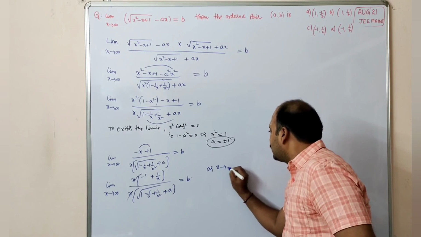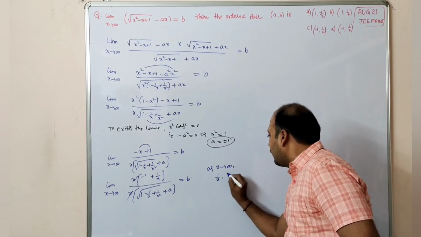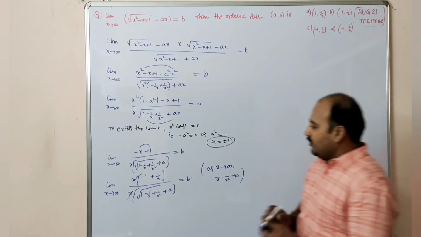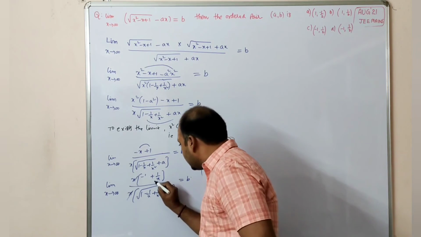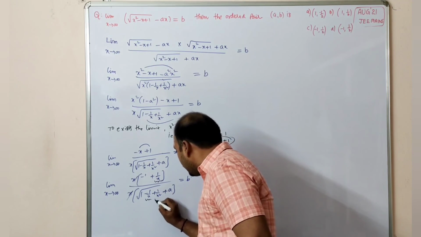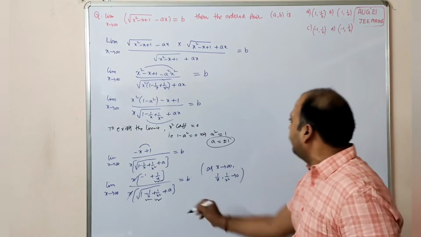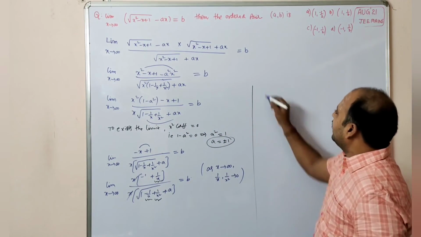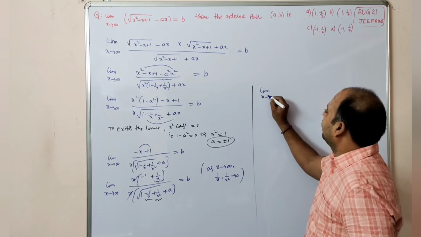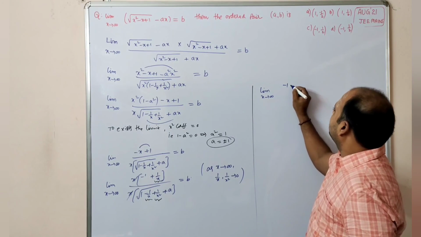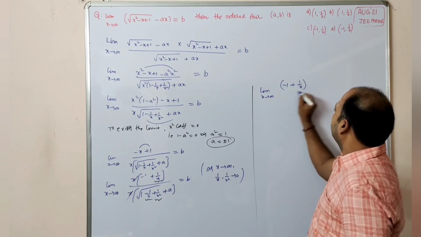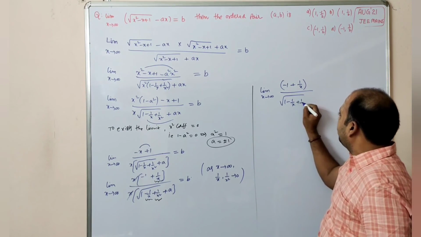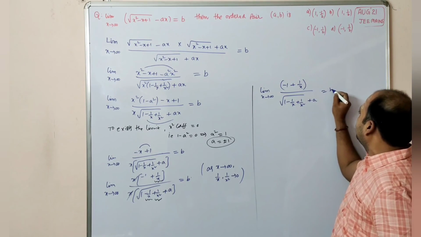As x tends to infinity, the 1 by x and 1 by x square terms go to 0. We know that. This limit becomes limit x tends to infinity of minus 1 plus 1 by x, and the rest of the terms I am writing here, root over 1 minus 1 by x plus 1 by x square plus a is equal to b.